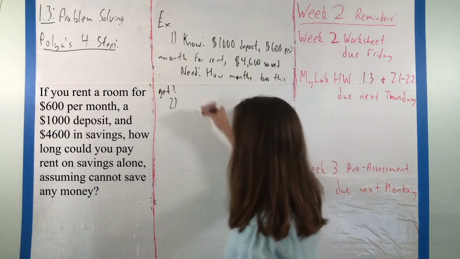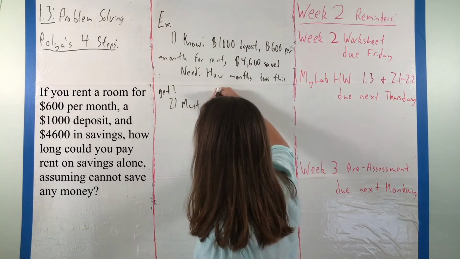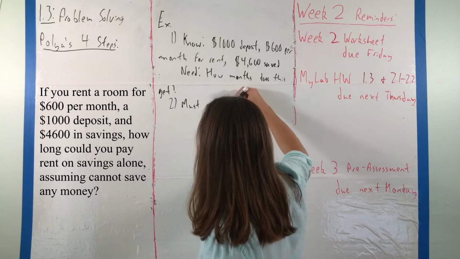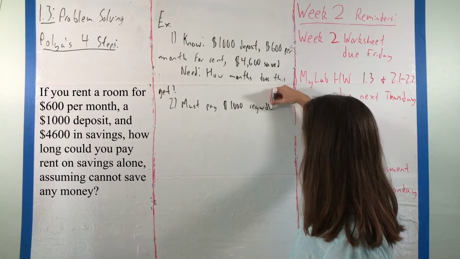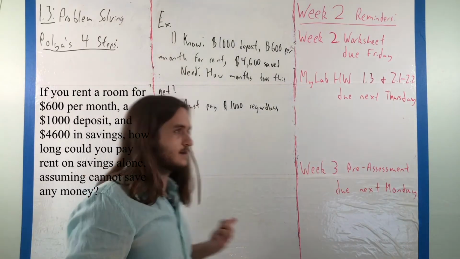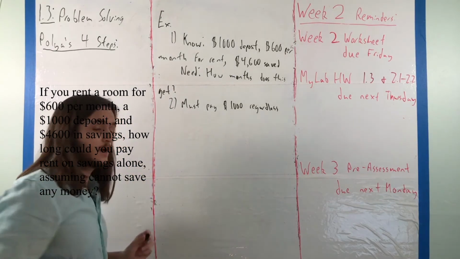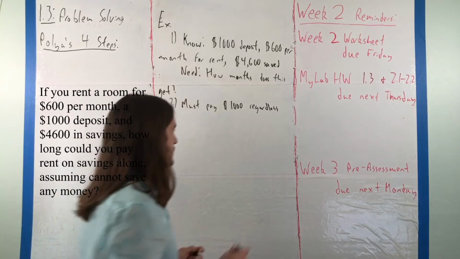Here, we must pay the $1,000 no matter what. If you're going to move in, no matter how long you move in, you've got to pay that deposit, so you need that money up front. No matter what else happens, if you're planning on moving in.